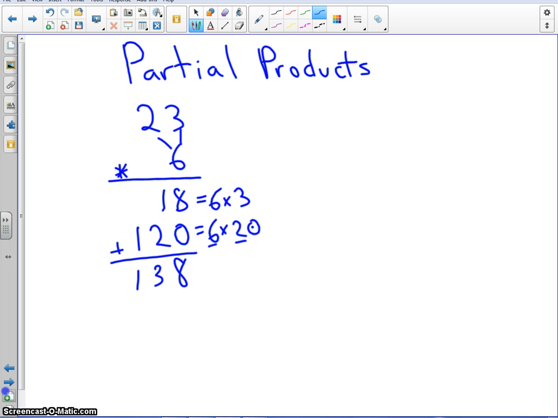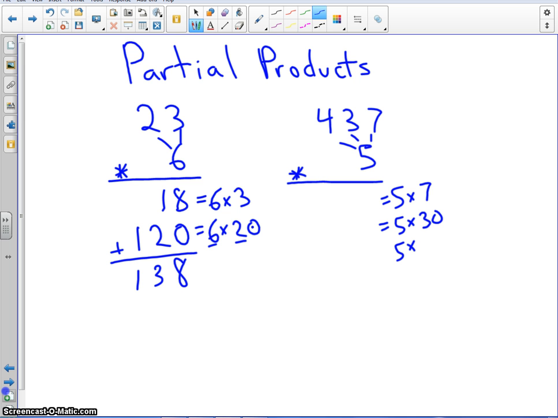And we've been working on this with larger numbers as well, so let me use this. Again, I would have my first part, which is 5 times 7, and I've been having them get in the habit of writing them out, because that way they can visually see that this 3 is not a 3, but it's 30. I make sure I get all the parts, because if you don't add those 0s, it changes the value of the number quite substantially.